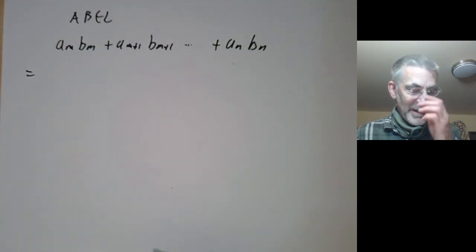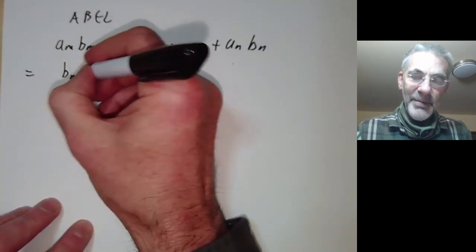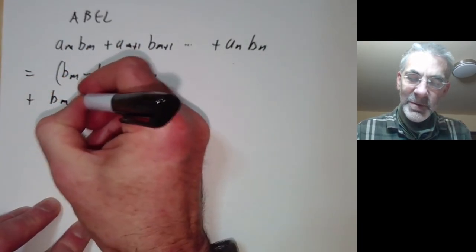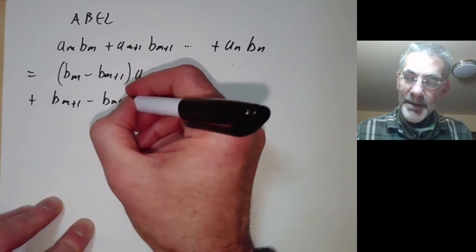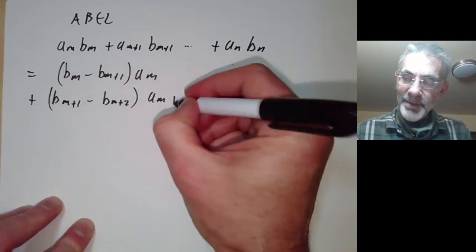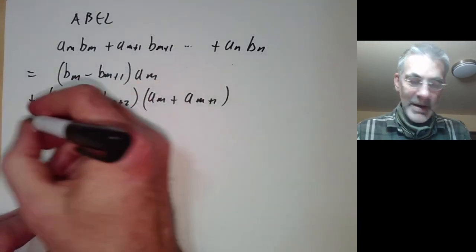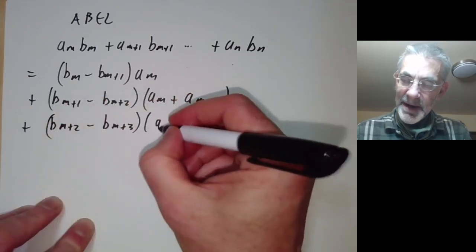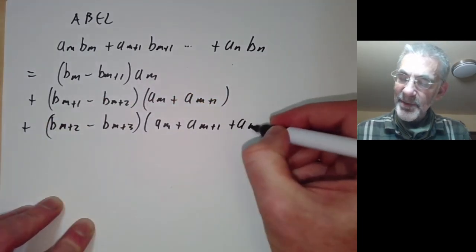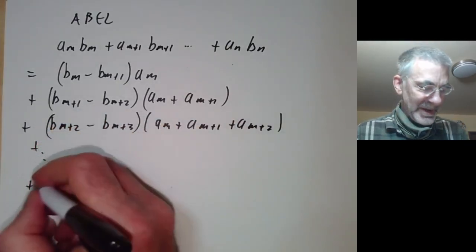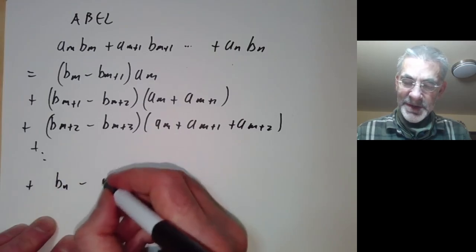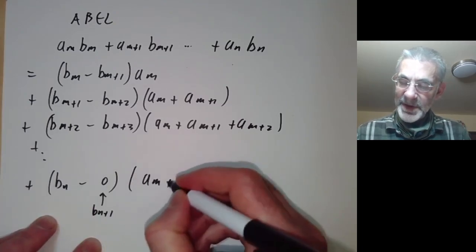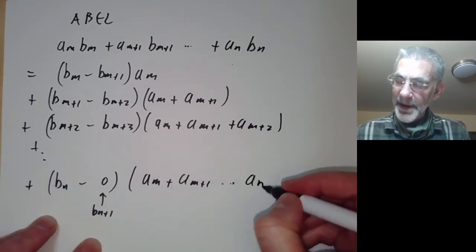And there's a very nice way of rearranging this. This is equal to (b_m minus b_(m+1)) times a_m, plus (b_(m+1) minus b_(m+2)) times (a_m plus a_(m+1)), plus (b_(m+2) minus b_(m+3)) times (a_m plus a_(m+1) plus a_(m+2)), and so on, all the way up to plus b_n minus 0, I guess, this is sort of b_(n+1) if you like, times (a_m plus a_(m+1) up to a_n).